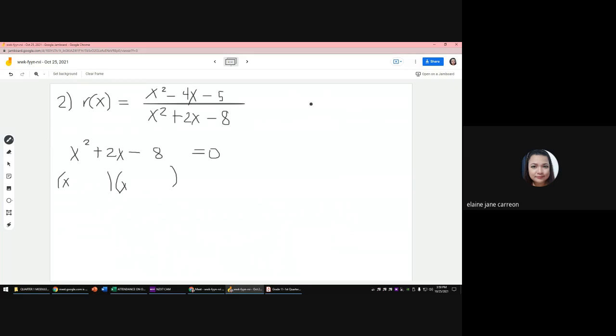So, let's list down here. So, negative 8, grade 8 mathematics to. So, we have here positive 4 and negative 2. Diba? Negative 4 and positive 2.